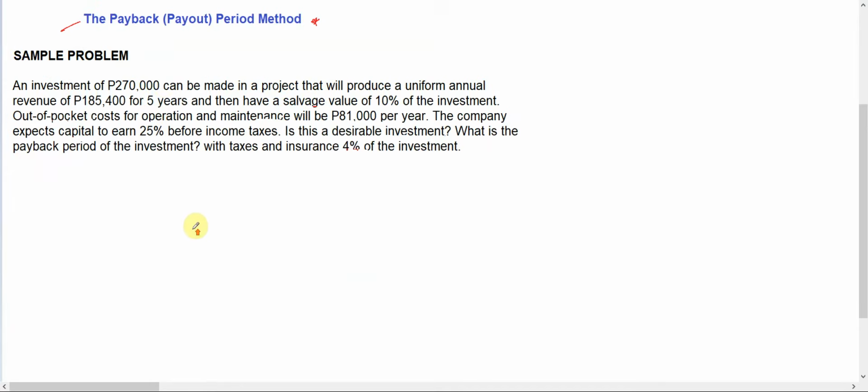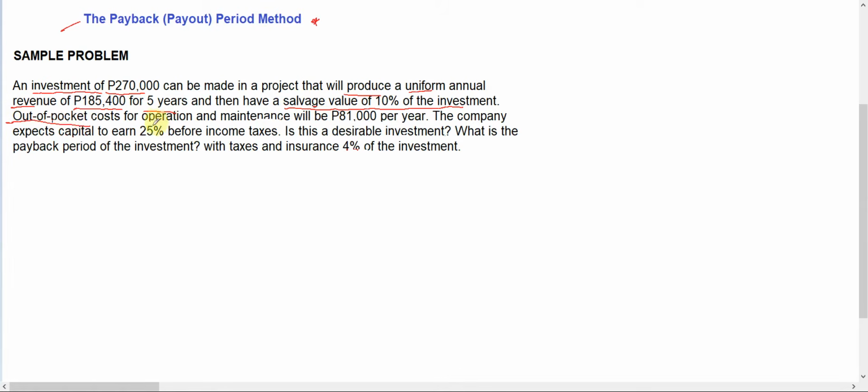Sample problem: an investment of 200,000 pesos. This is our initial investment. It can be made in a project that will produce a uniform annual revenue of 185,400 pesos for 5 years, and then have a salvage value of 10% of the investment.